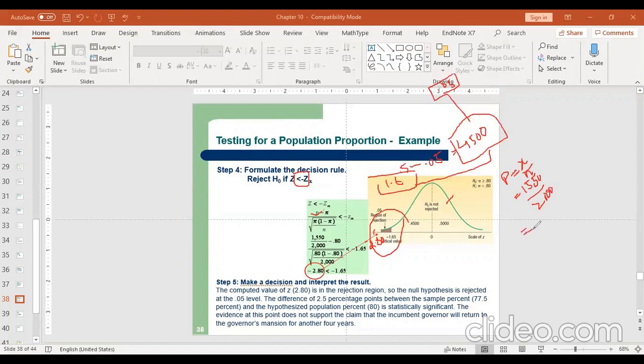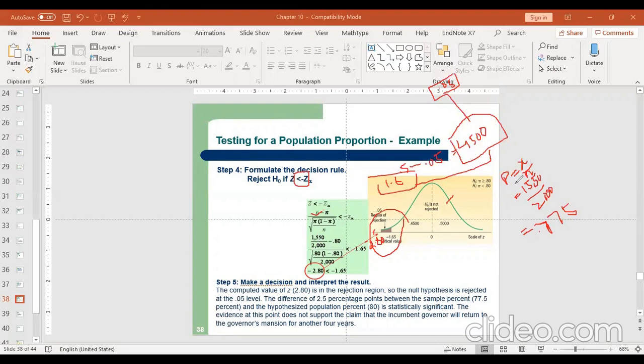So the sample proportion is 0.775. So we will get the value here. So the negative estimated value will lie in the rejection region.